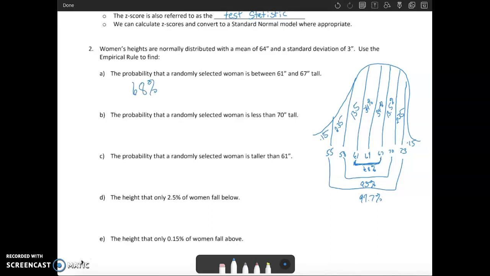What's the probability that a randomly selected woman is less than 70 inches tall? That would be everything from the 70 mark and backwards. So I could add up basically all of those probabilities. I've got a 0.15 plus 2.35 plus 13.5 plus 34 plus 34 plus another 13.5.